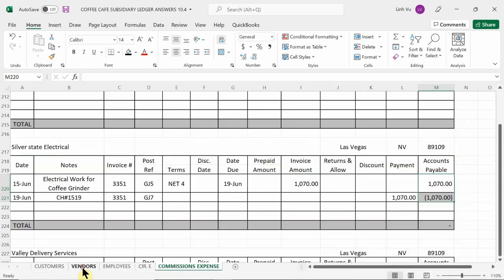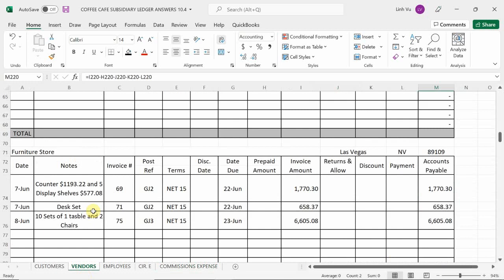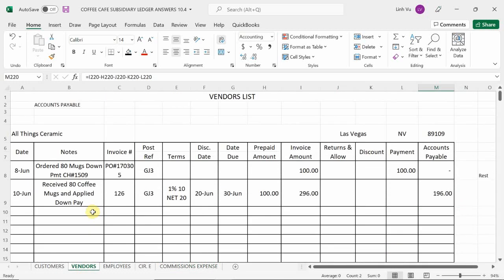So we need to update our vendors because we owe them money, right? Here we go, All Things Ceramics. This is a new batch of inventory, right?